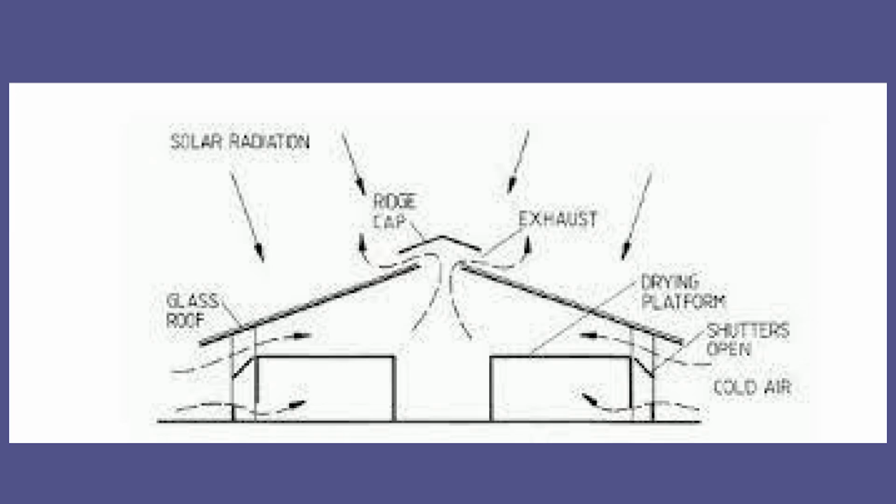You can see in this diagram the dryer aligned lengthwise in the north-south axis, with black coated internal walls for improved absorption of solar radiation. A ridge cap made of folded zinc sheet over the roof provided an air exit vent. Shutters at the outer side of the platform regulated the air inlet.